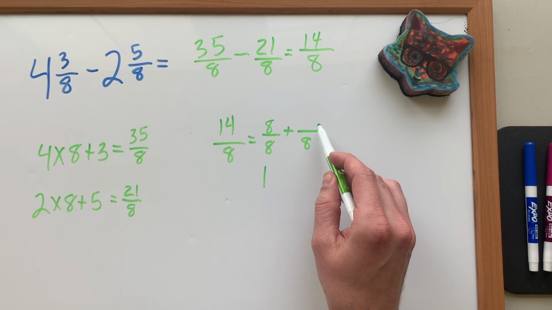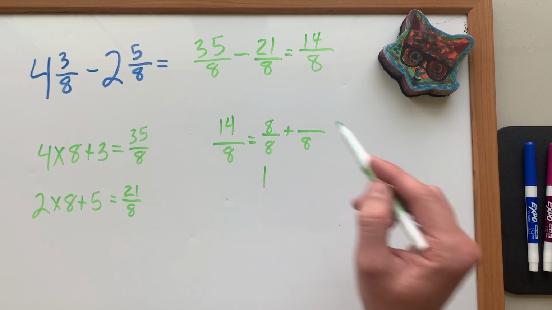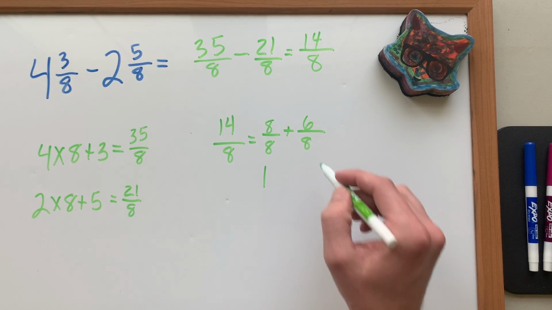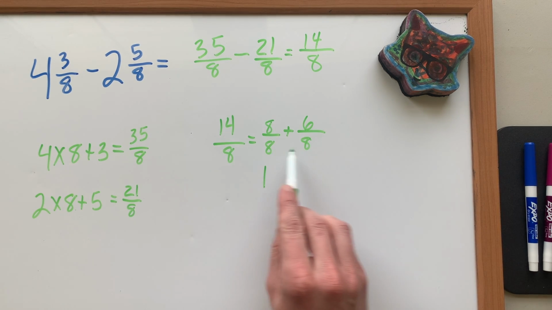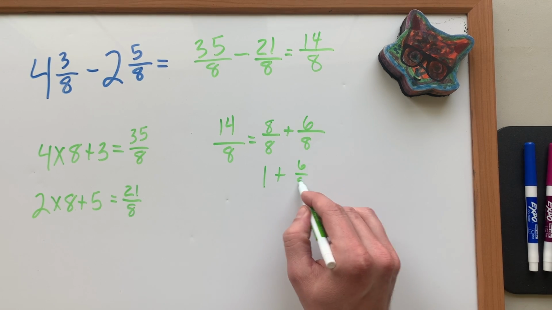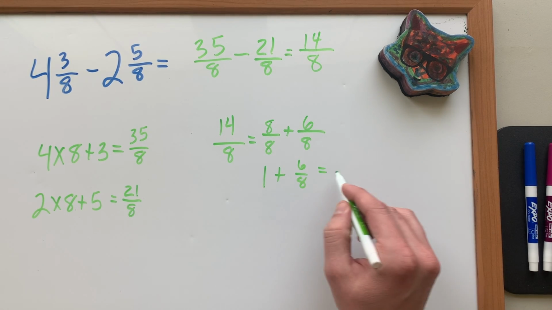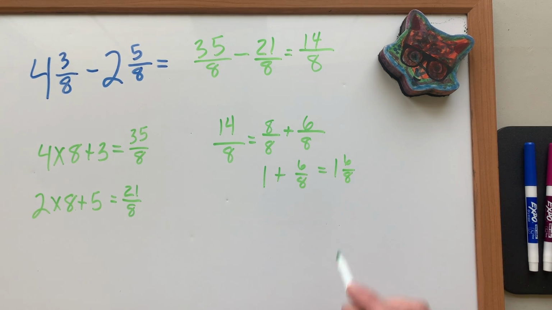And then what's left over? What would I have to add to 8 in order to get 14? I would have to add 6. 6 plus 8 is 14, and all of my denominators are 8. So 1 plus 6 eighths is equal to 1 and 6 eighths.